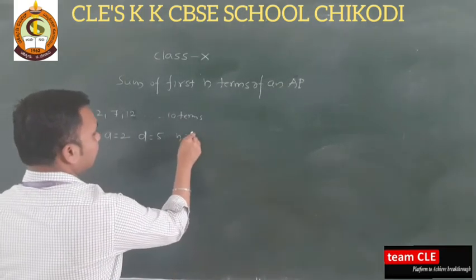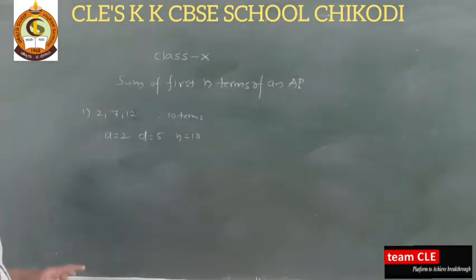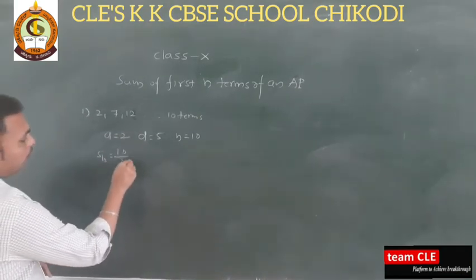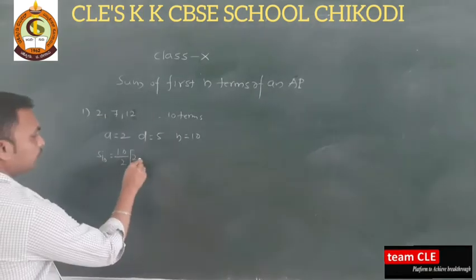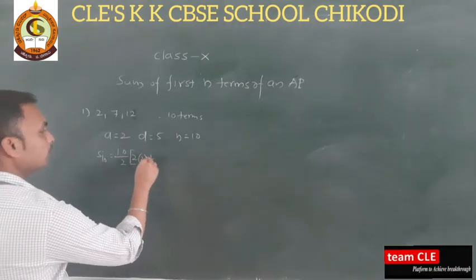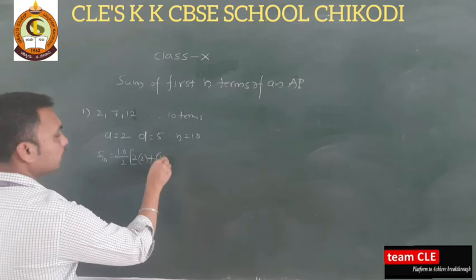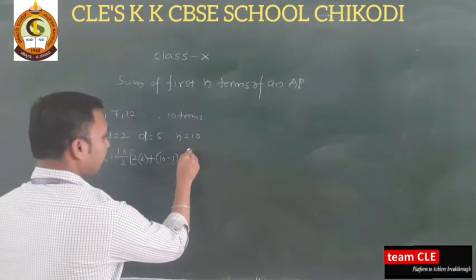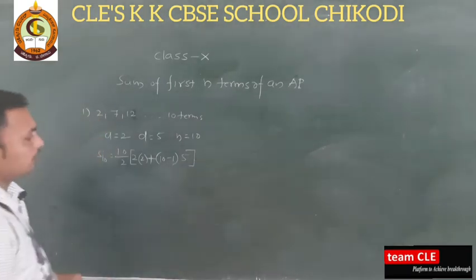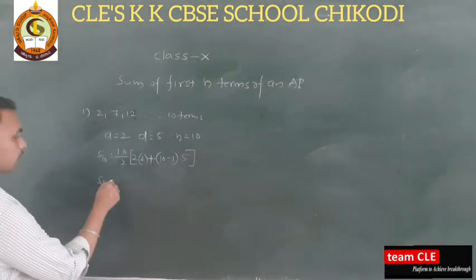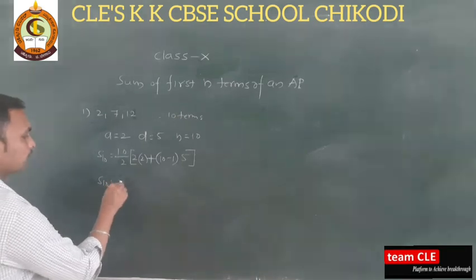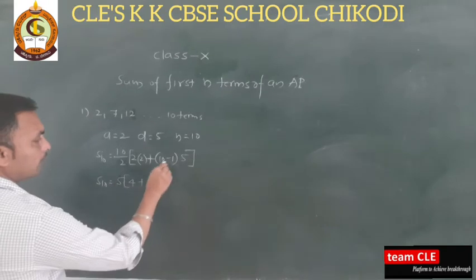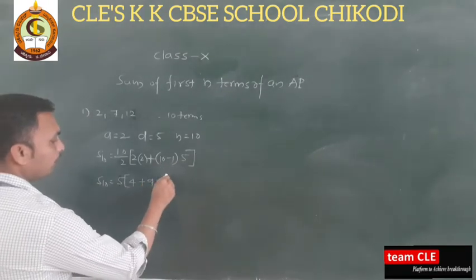N is equal to 10 terms. Now we can apply the formula: S10 is equal to 10 by 2 into the bracket of 2 into 2 plus 10 minus 1 into d, which is 5. So S10 is 5 into the bracket of 4 plus 9 into 5.